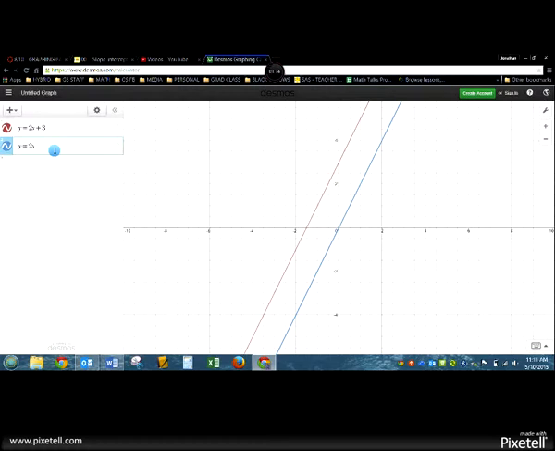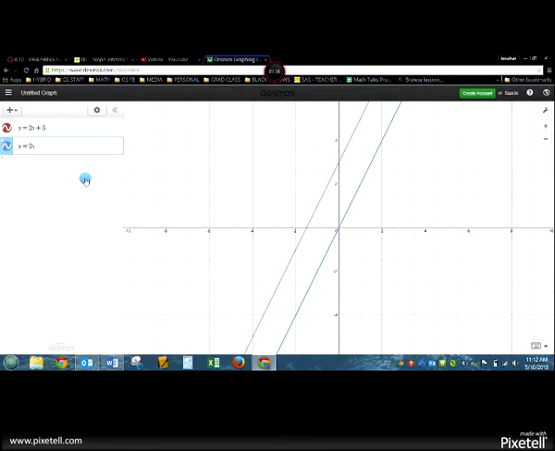So I'm going to do y equals 2x. Now in order for these to be parallel, I'm allowed to add any number I want except for the number 3 because that was my first line. So 2x, I could leave it like this, y equals 2x, which automatically puts it at 0.